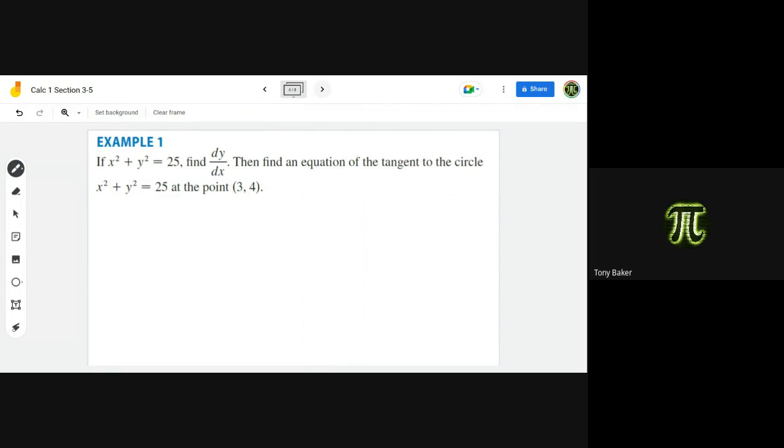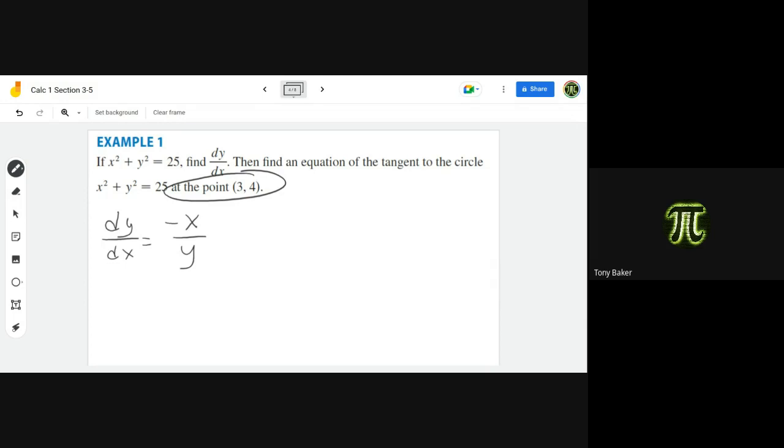Whenever you're doing derivatives, one of the things we can do is find tangent lines, okay? Or we can find the slopes of lines. So in this problem, I've got dy dx is negative x over y. That's what we just found. They want to know the equation of a tangent line at (3, 4).